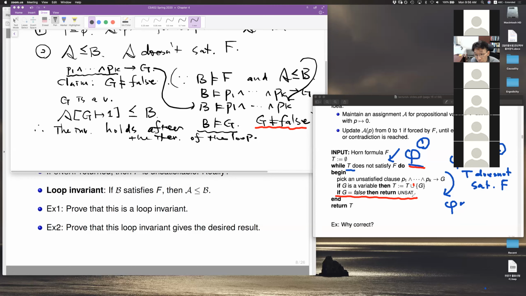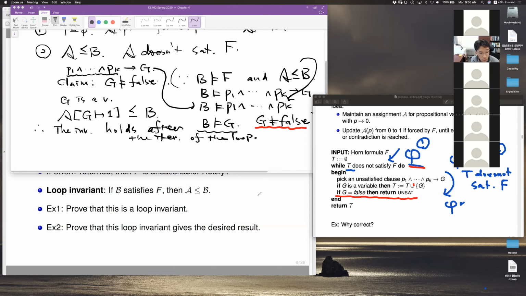So it will keep going and eventually return some satisfying assignment T. So that implies if there exists a satisfying assignment, then this algorithm will terminate and return a satisfying assignment.